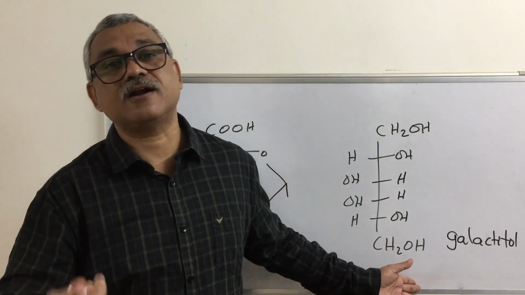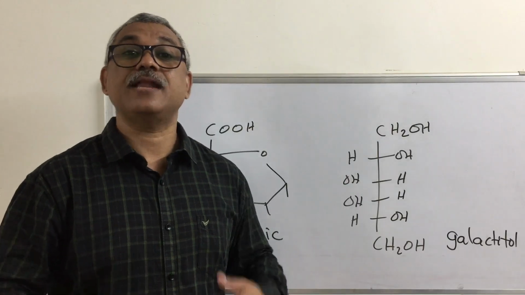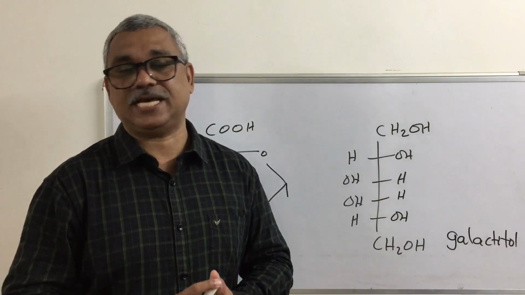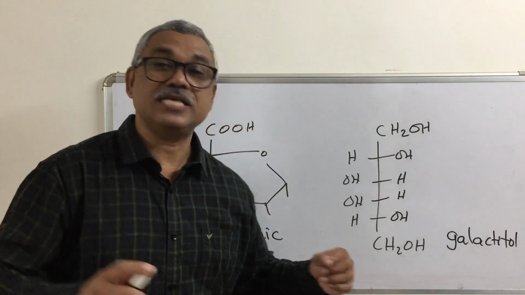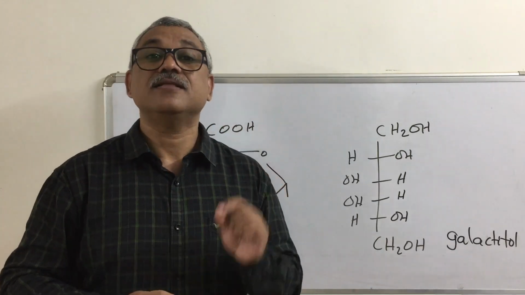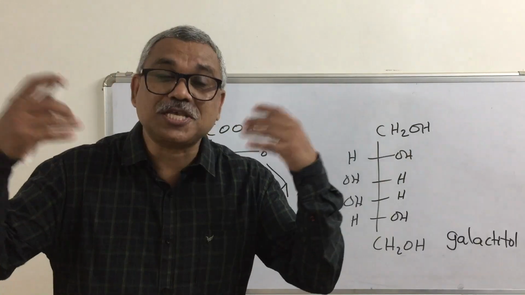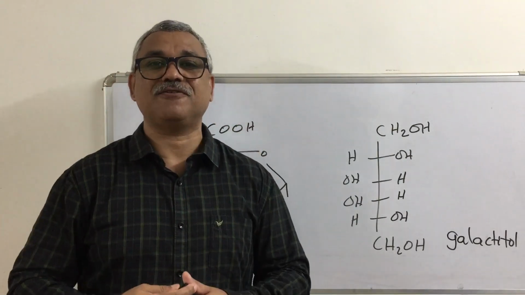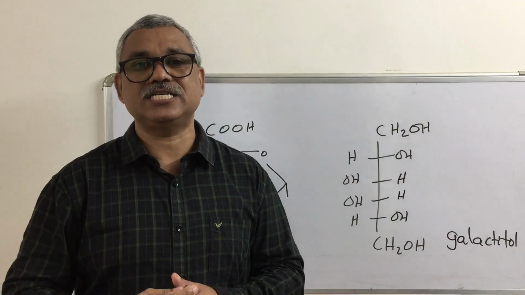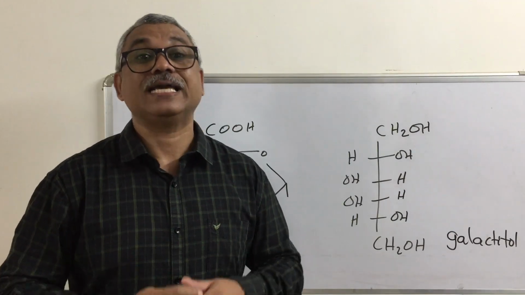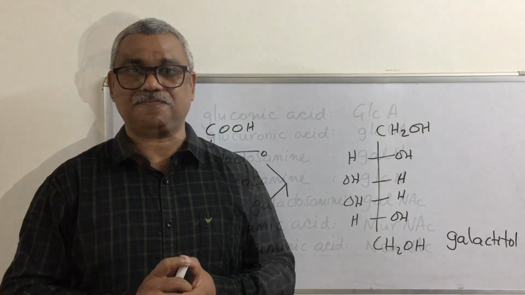Galactose is converted to galactitol by the enzyme aldose reductase. If galactitol accumulates in the eyes, it is an osmotically active substance, and it will draw water to itself. That can lead to the formation of cataract in old age.